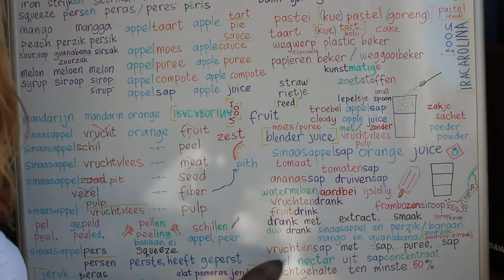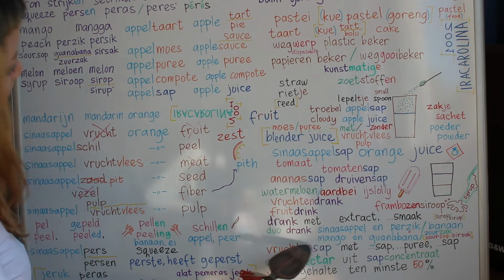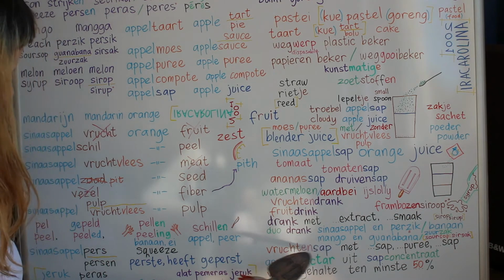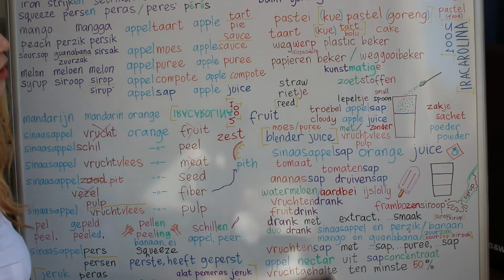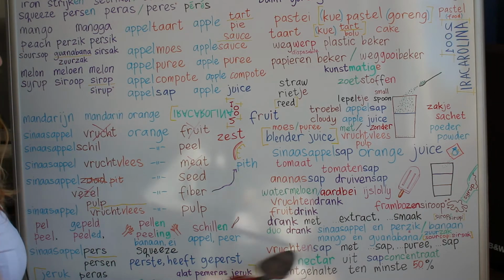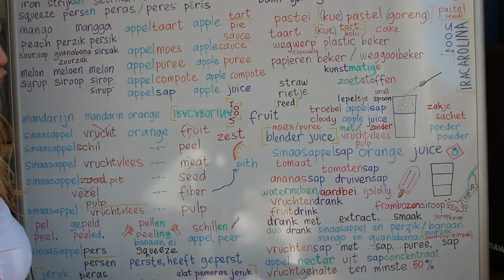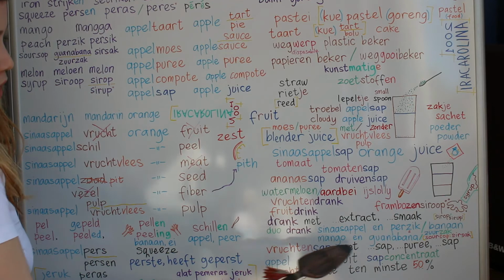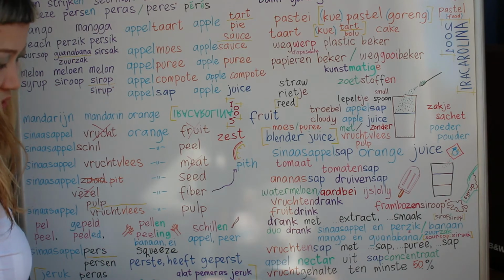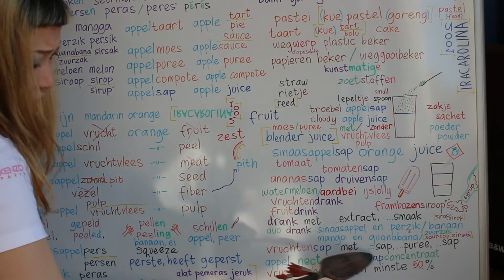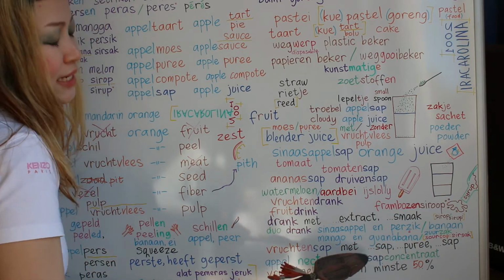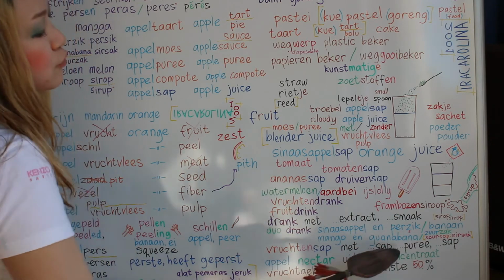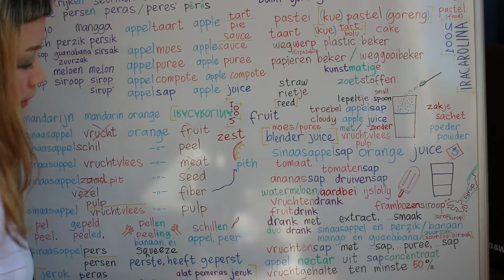As we can see here, we put sap, it becomes one word. Vruchtensap, fruit juice, met, with, and then the dots here, next to the word after, because we will put it in one word.